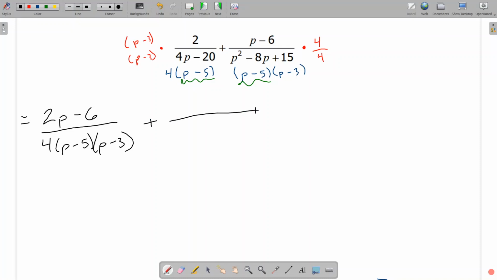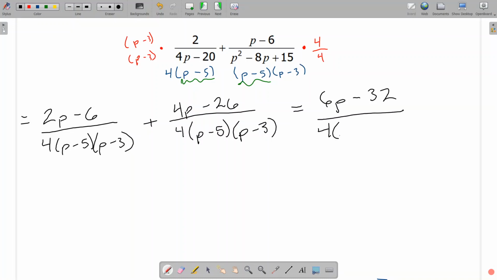My right rational expression is getting multiplied by 4, so I would have 4P minus 26 all over 4 times P minus 5 times P minus 3. So now we can add them together. I'm going to actually add numbers correctly this time. So we would get 6P minus, let's see here, negative 32. So 6P minus 32 over 4 times P minus 5 times P minus 3.